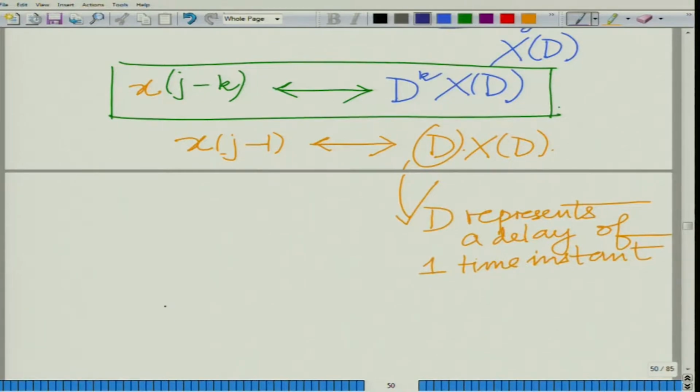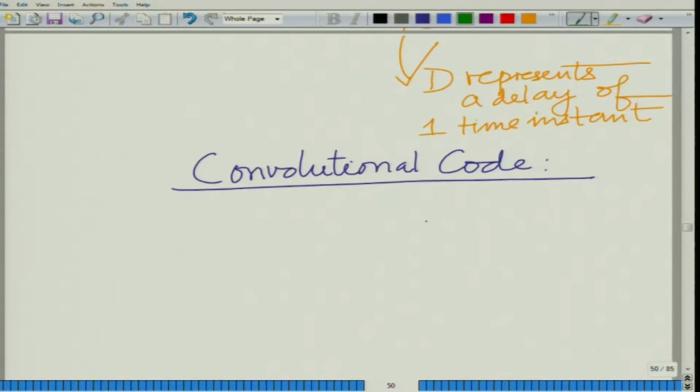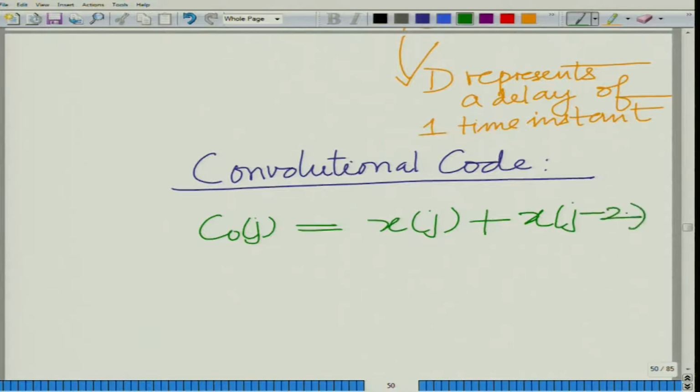Alright, let us now go back with this knowledge of the D transform to our convolutional code and try to develop a D domain representation of it. Now, what you see is C naught of j is x of j plus x of j minus 2.